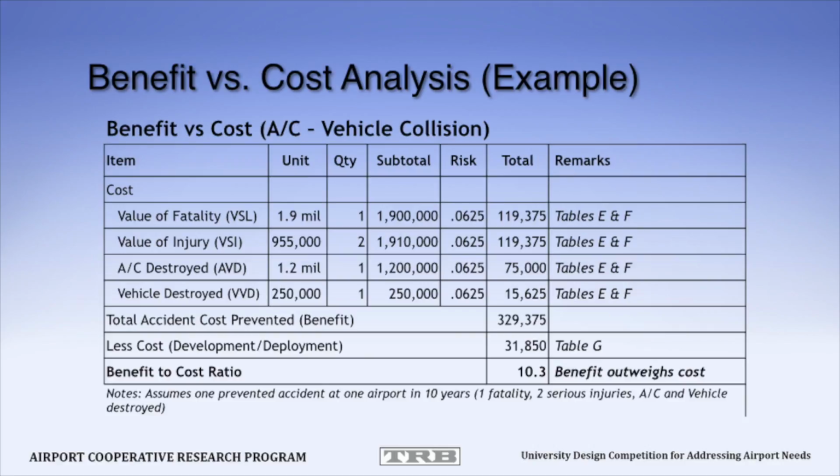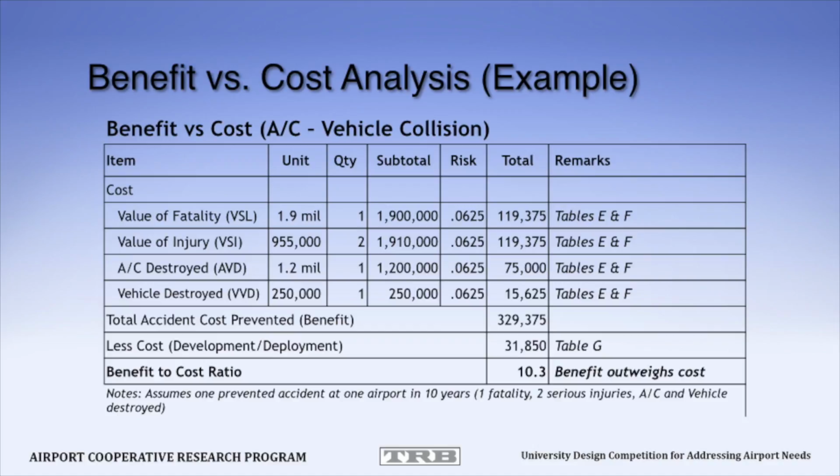So when you do apply that, so in our example, we assume that there's one accident prevented in 1 year over 10 years. But that accident is pretty serious. So there's one fatality, 2 serious injuries. The aircraft and the vehicle, in this case, are both destroyed. Looking at the table, the value of the fatality applied to that risk factor is about $120,000 over that 10-year period.